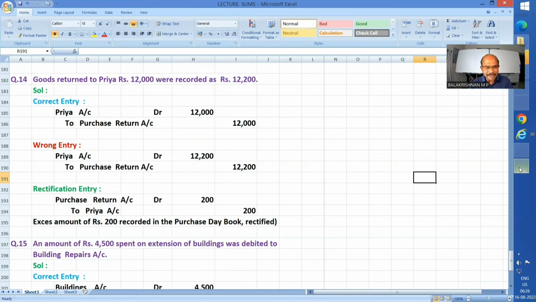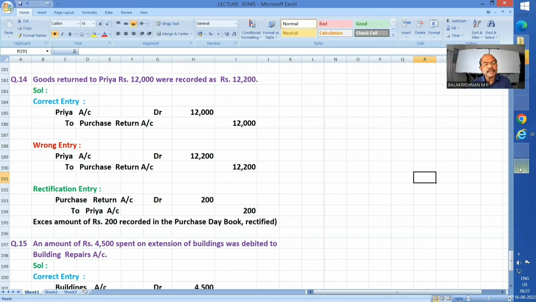They have done, as far as the accounts operation is concerned, everything except the amount erroneously entered. Instead of 12,000, they have shown 12,200 for both the accounts. So we have to reverse to the extent of rupees 200. The rectification entry will be purchase return account 200 to party account 200. What you have done is simply reverse the accounting heads, party account and purchase return account, which have been operated with the wrong amount, but with the rectification amount. Now let us check it. Purchase return account 200.